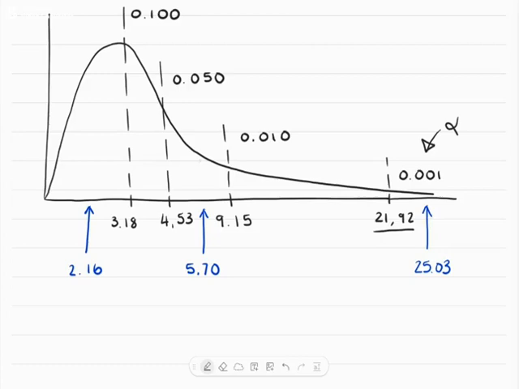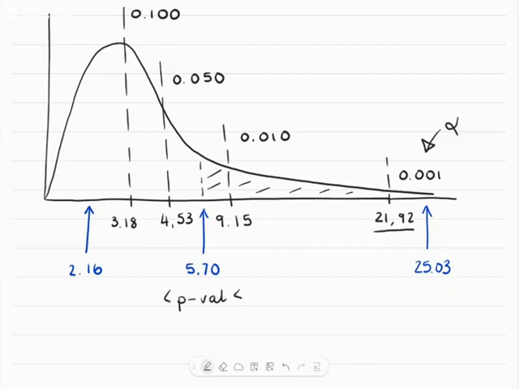We want the area to the right of this value here. So that's all that area. That's your p-value for a test statistic equal to 5.7. But we know that 5.7 is between 4.53 and 9.15. So that means that the p-value can be given as an interval.